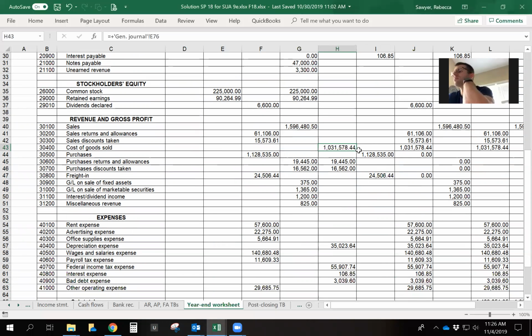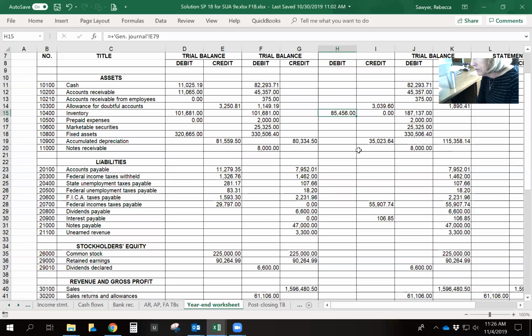1,067,585.44. Did you adjust inventory correctly? You're supposed to debit inventory for 85,456. Did you do that? Let me go back up and see inventory. No, for inventory we put 1,067,000.